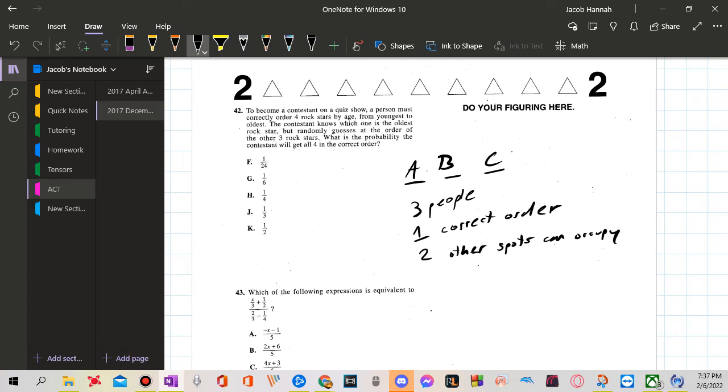So what I mean by this is that you can order them like this. You got A, B, C. You have C, A, B. You have B, C, A. You have A, C, B. You have C, B, A. And you have B, A, C.